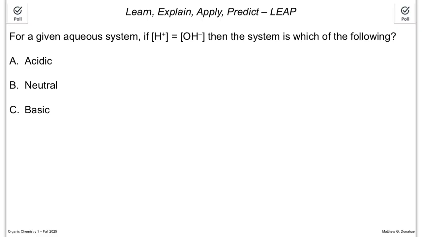So for an aqueous system, if the concentration of proton is equal to the concentration of hydroxide, which of the following is true? Or what describes the system? So it's going to be neutral.